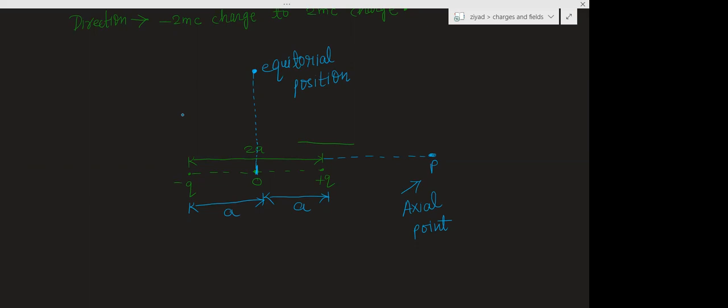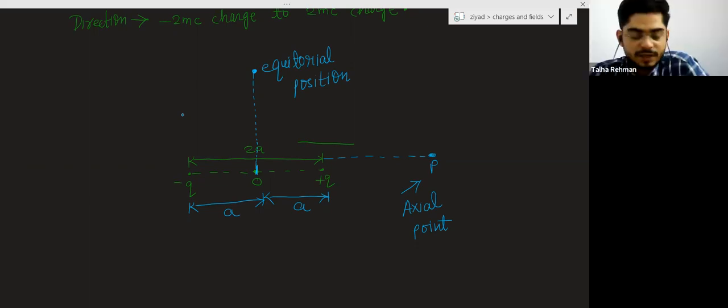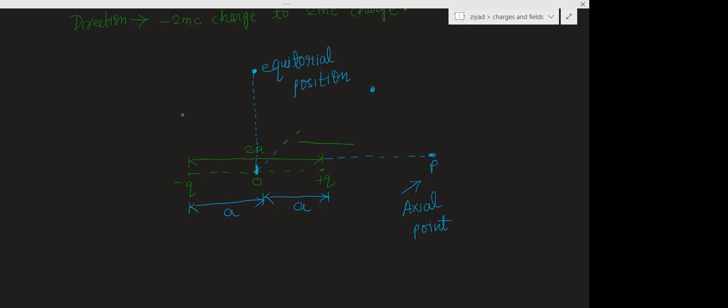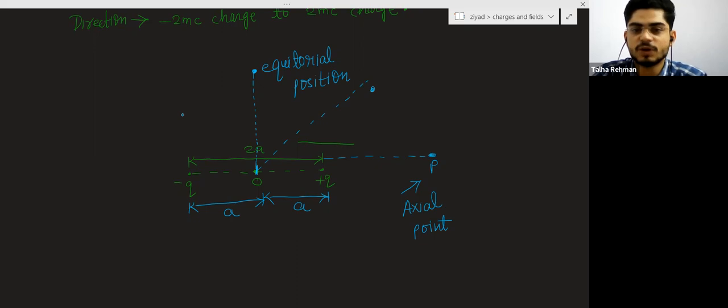And Ziyad, one thing I want to tell you, you can calculate the electric field intensity at any point, including this point also. It is not mandatory that you do only these. I am doing this because this is part of your syllabus, and we only have to calculate the electric field at the axial position and equatorial position.